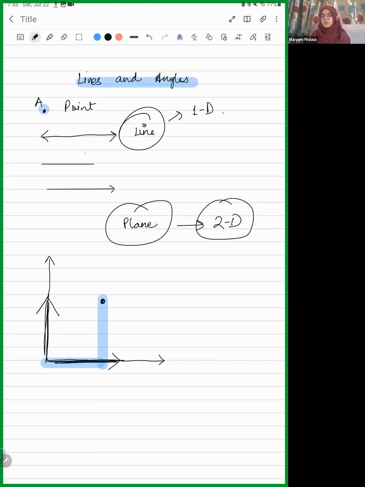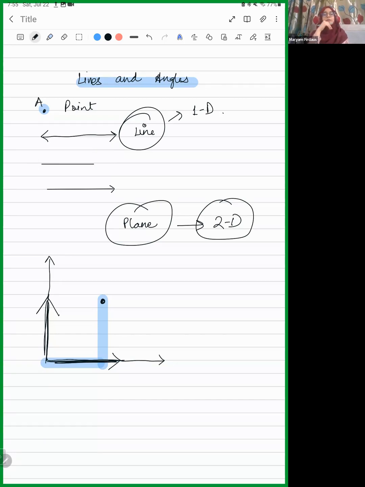Now, this thing is not two-dimensional. How many dimensions do you think it has? Anyone? Three. This has three dimensions.